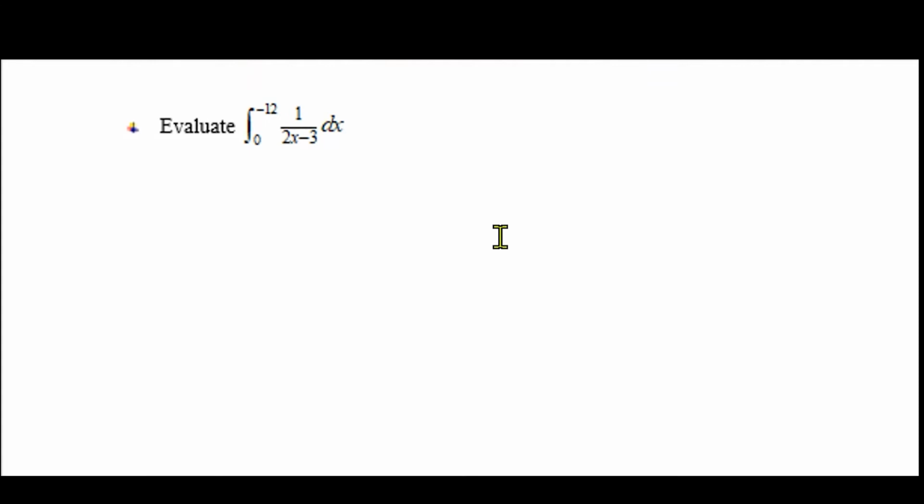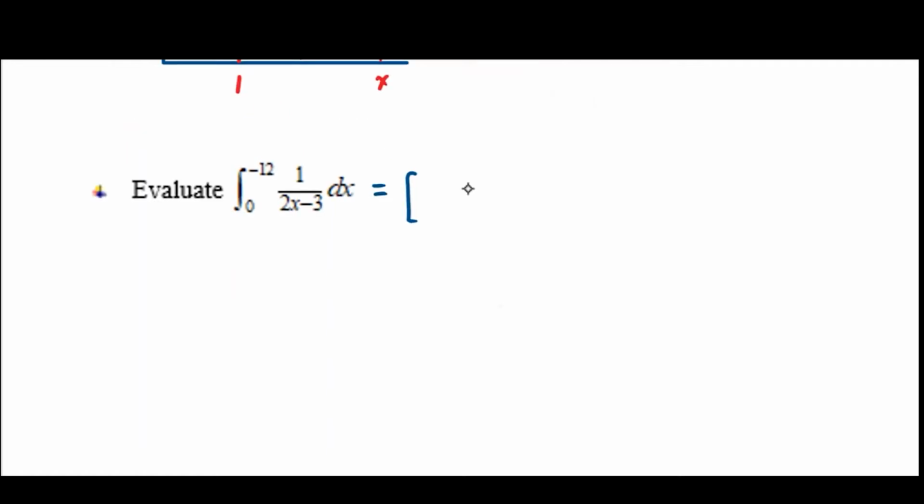Now let's do this. Well, we just learned what the antiderivative of 1 over something is, so we can just use it. So this is the same as the antiderivative. What's the antiderivative? Well, ln absolute value 2x minus 3. Now tell me what I'm forgetting, because I'm still forgetting something. Chain rule again.